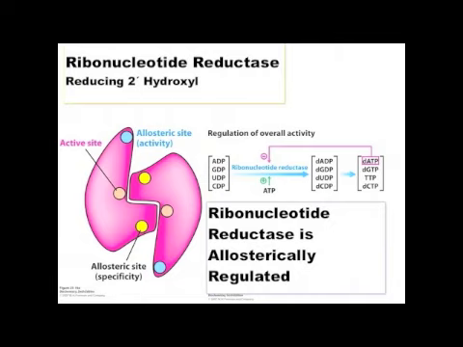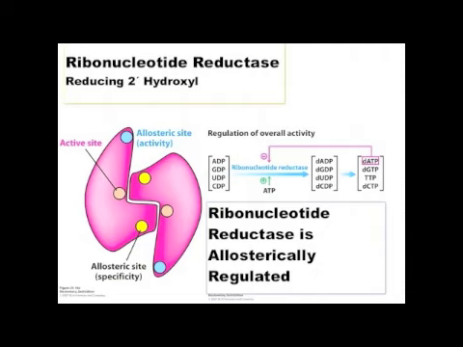And one of the major ways in which this enzyme is regulated is through the actions of ATP to activate and dATP to deactivate. And so dATP feeds back to negatively regulate ribonucleotide reductase and decrease its activity, whereas ATP increases the activity of ribonucleotide reductase.